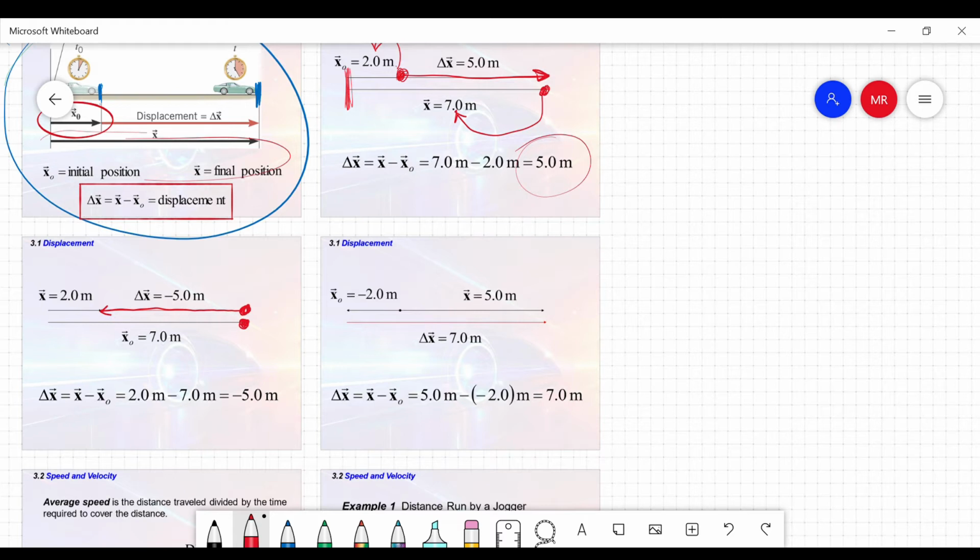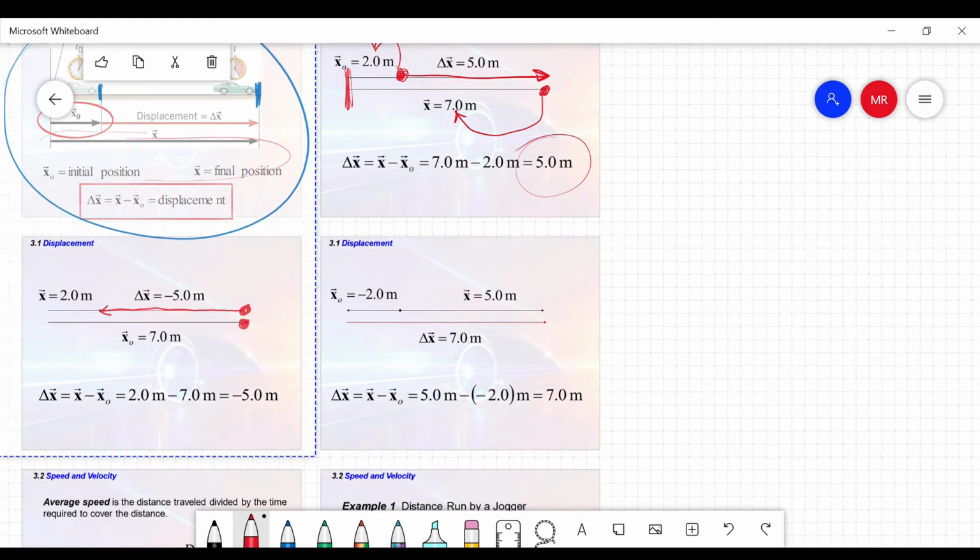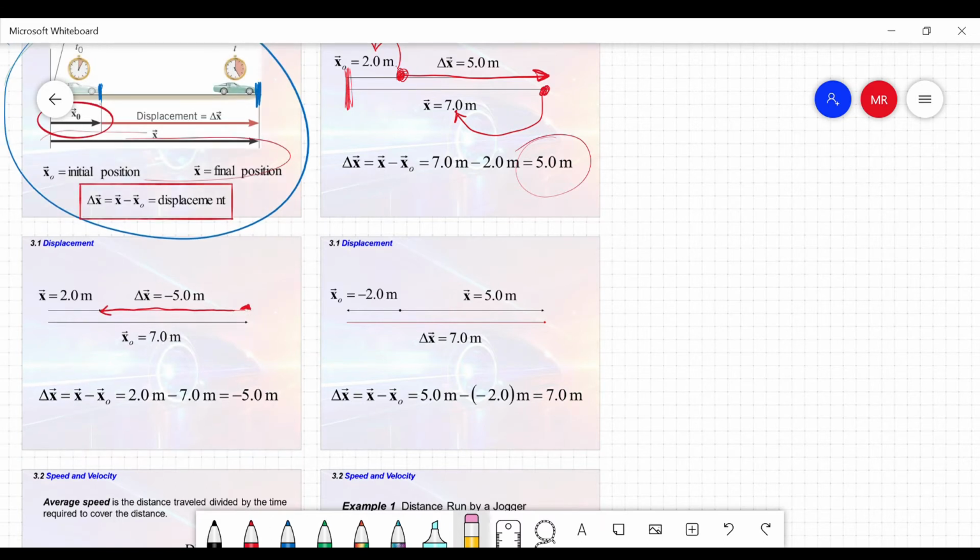From this position, delta x, x sub 0. If you try to look at our, okay, so this is still 7 meters going to the right, also going to the right, but the measurement ay galing sa kaliwa.